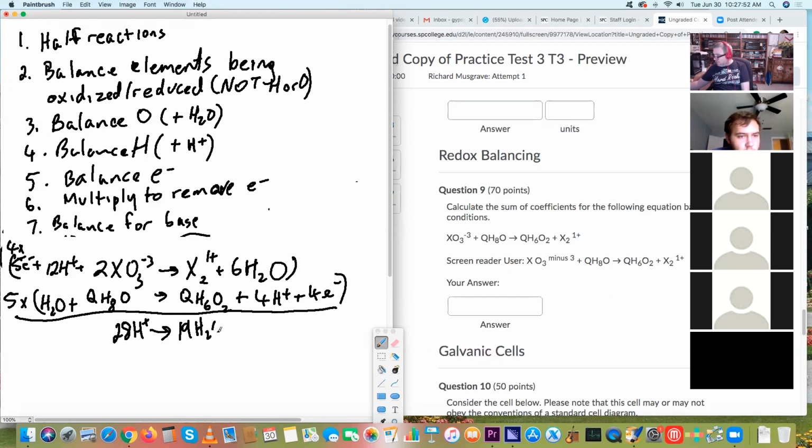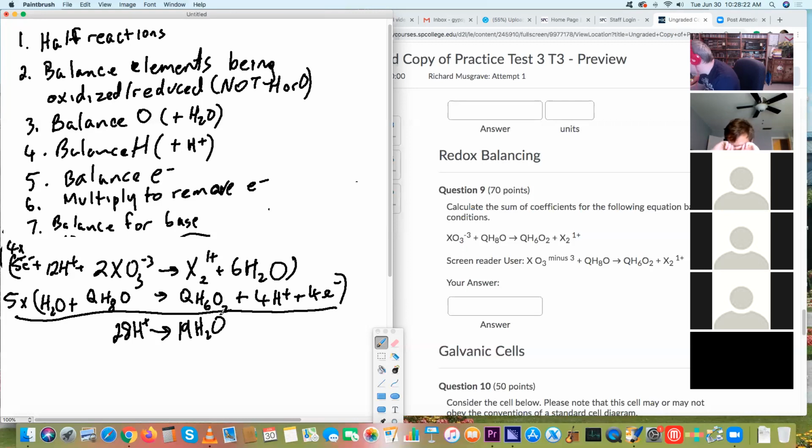Doesn't matter. Q is just one of the elements that's being oxidized or reduced here. In this case, it's being oxidized. Yeah, 19 is right. So 24 on top, 4 times 6, and 5 times H2O on the bottom. 24 minus 5 is 19. So that's where we're getting the 19 from. Anybody got any questions?